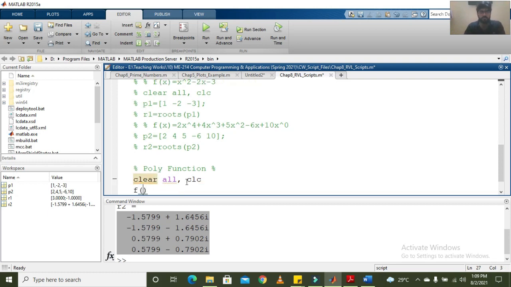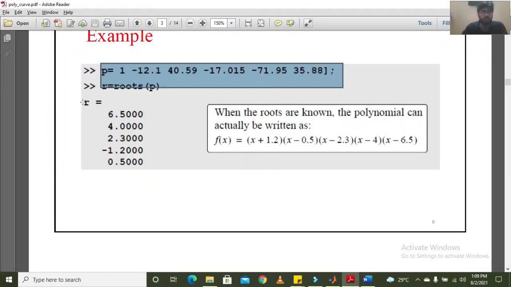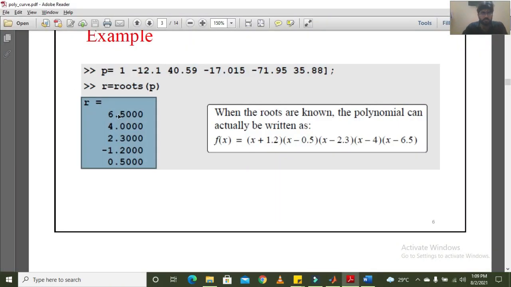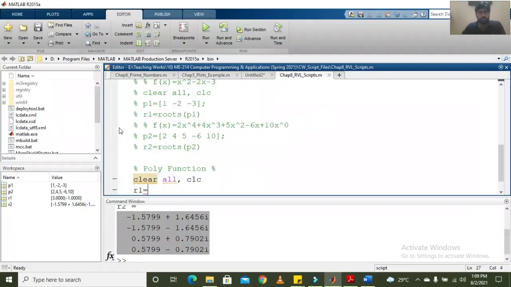my f of x is basically, or you can say the roots are, let's say 6.54, 2.3 minus 1.2 and 0.5.